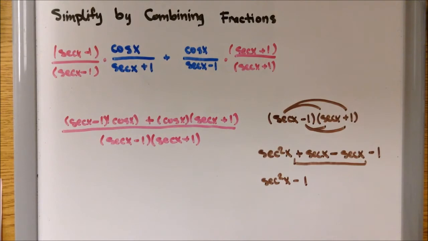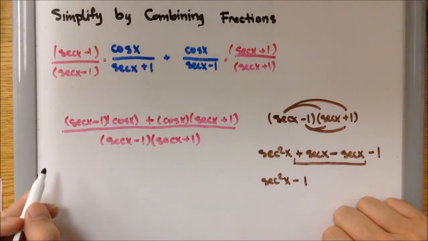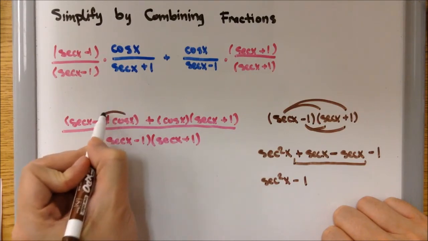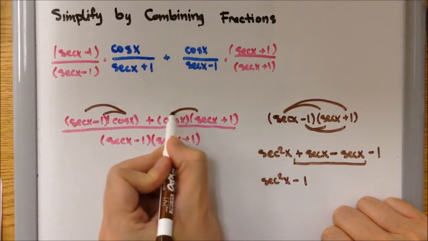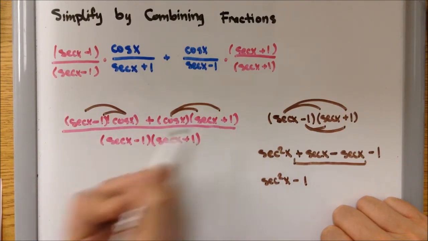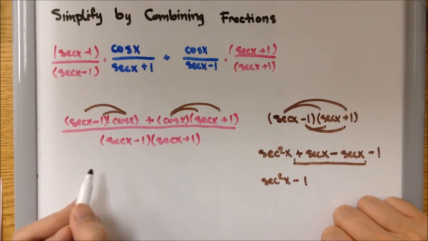So we're still going to have the long denominator, but here's the thing what I'm going to do. I'm going to distribute the cosine of x to the secant x minus 1 and the secant x plus 1. So it's going to be pretty long.